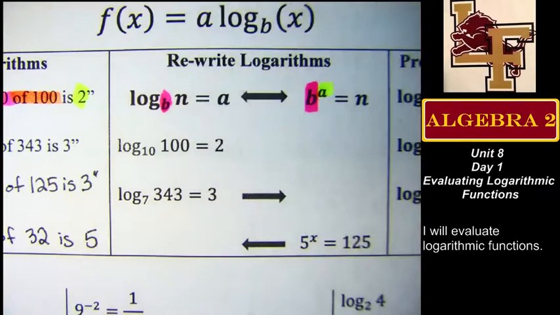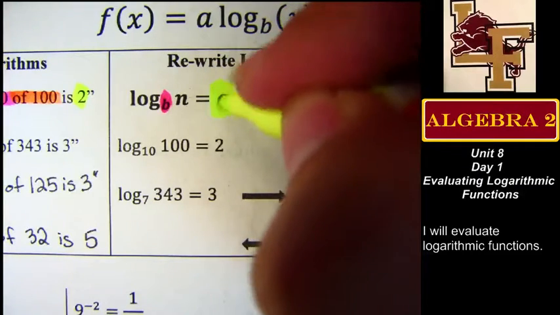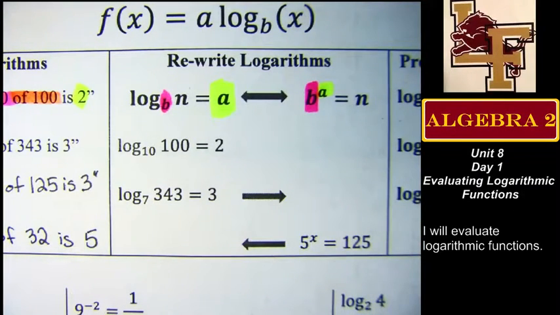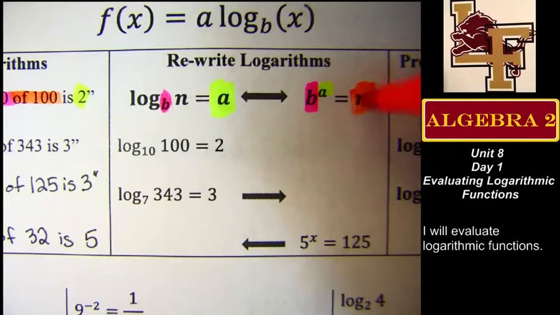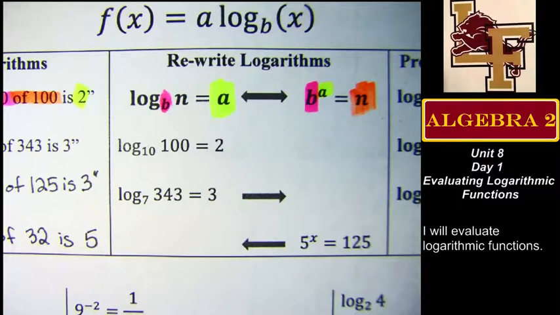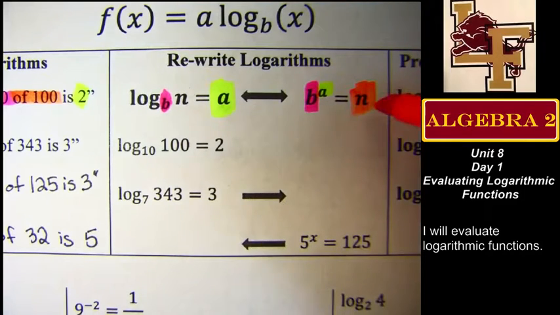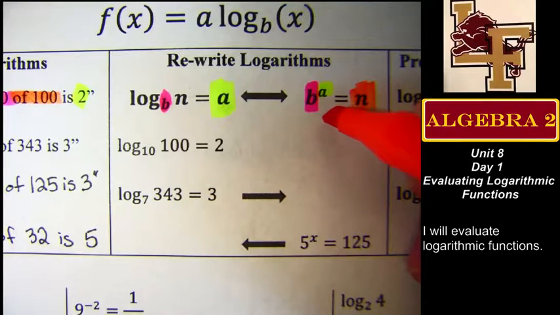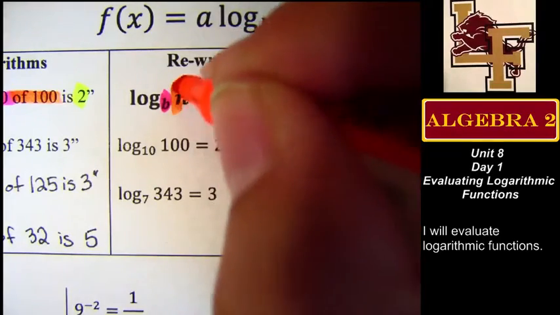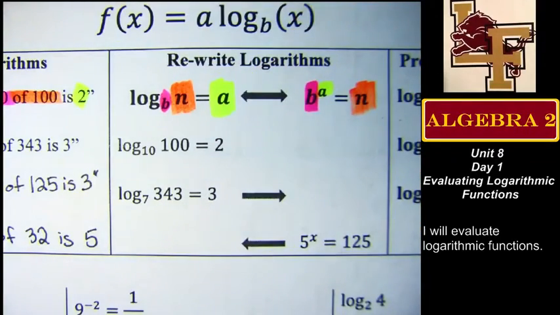Here's the exponent in exponential form. Here's like 10 to the power of 2 equals 100. Here is the result after you apply the exponent to the base. In logarithmic form, that result is found here.